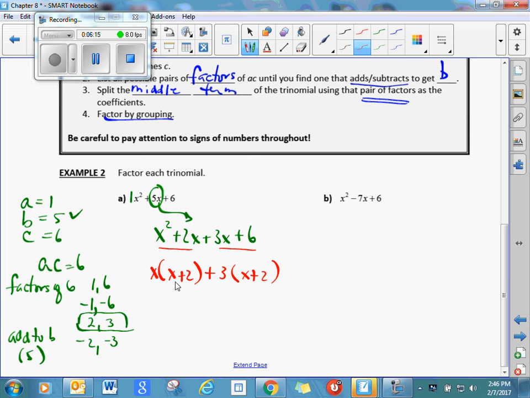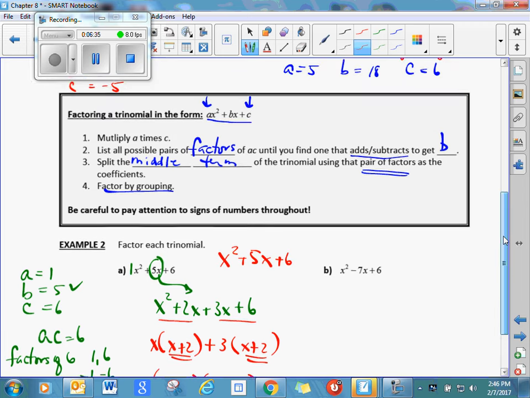Now we are going to factor out our common factor of x plus 2. It comes to the outside, and x plus 3 is left on the inside. And there is your factored version of x squared plus 5x plus 6.